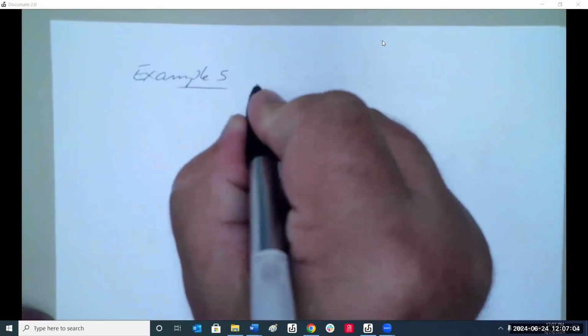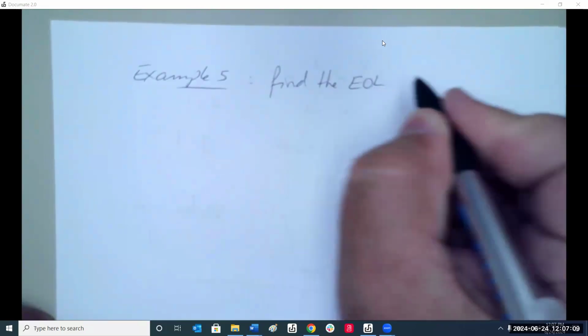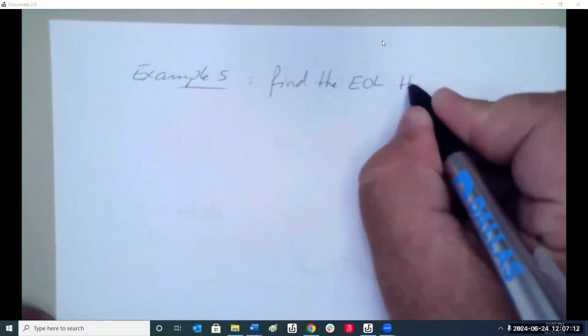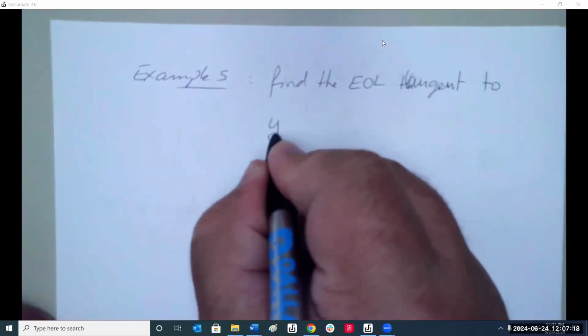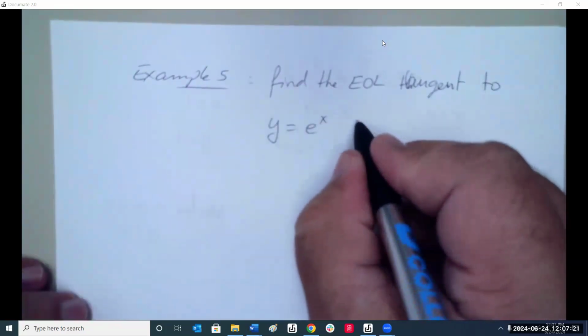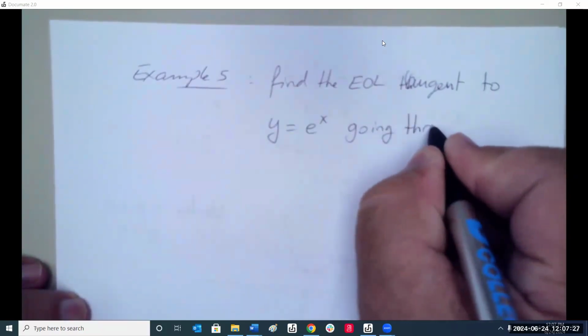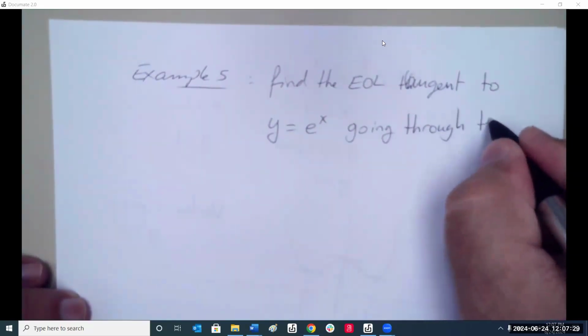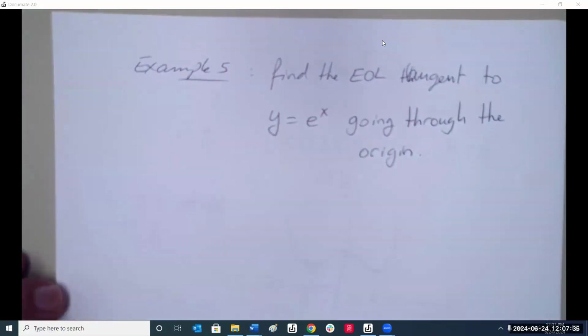Let's look at example 5. It says find the equation of the line tangent to y equals e to the x going through the origin.